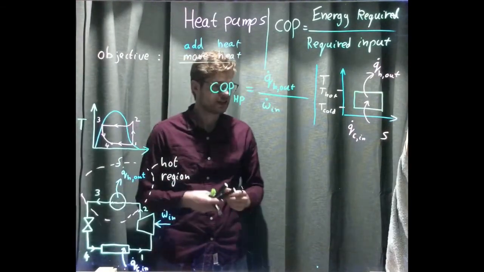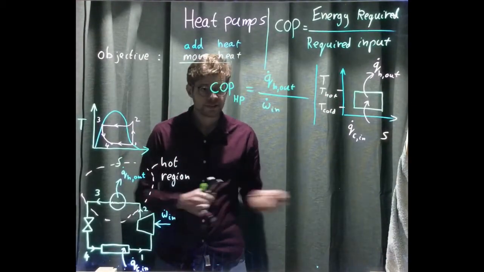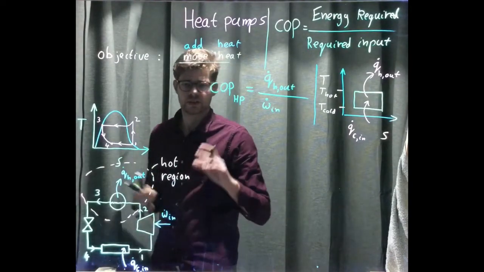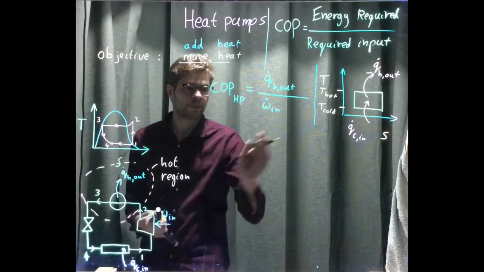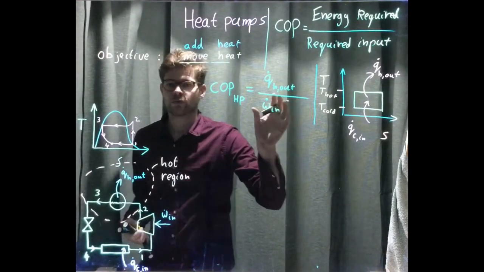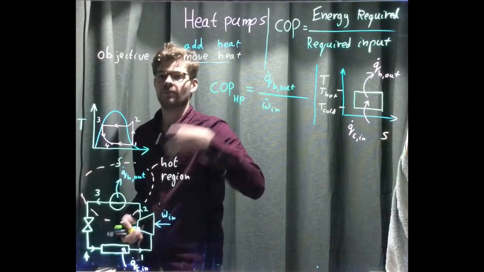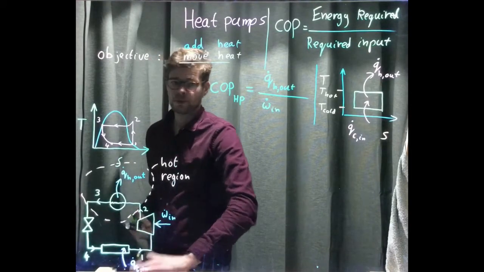So here we have the Carnot cycle again. To determine the coefficient of performance for a Carnot cycle, again I cannot use my work input, but I have to use the difference between the heat output and the heat input.